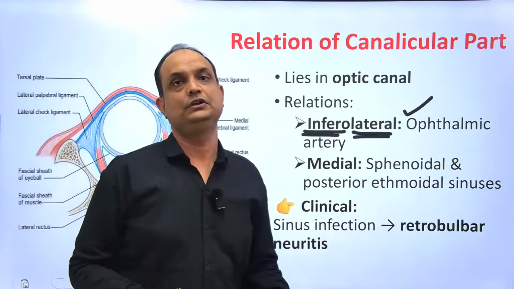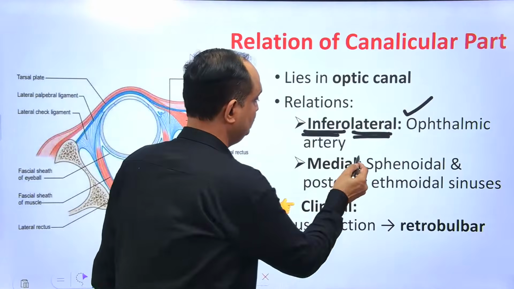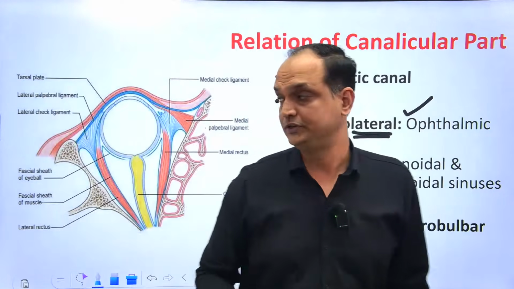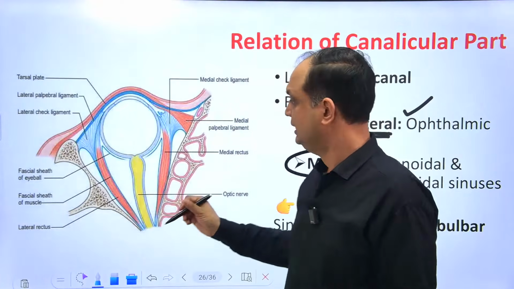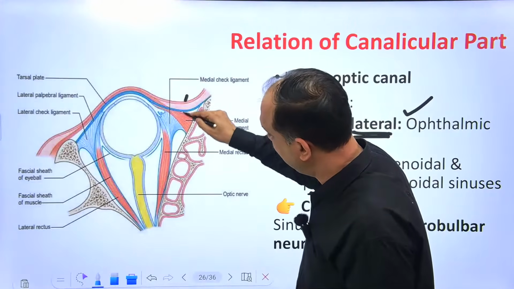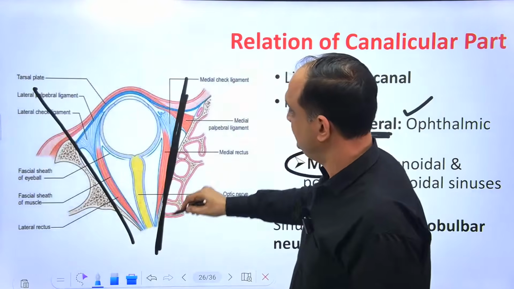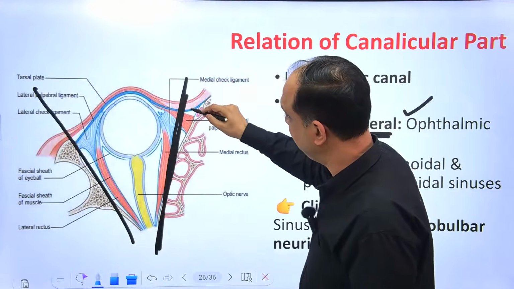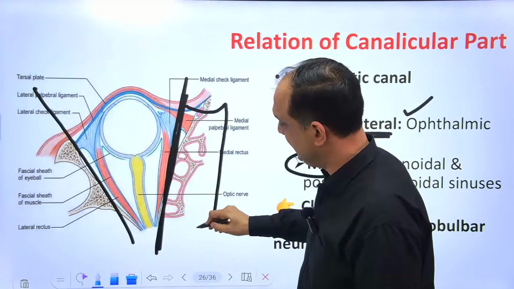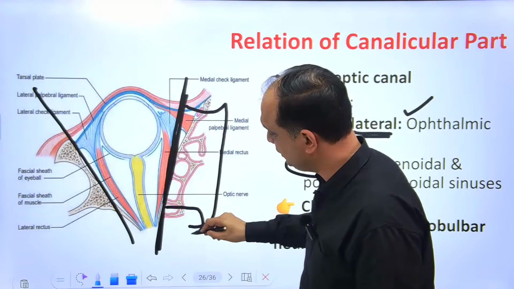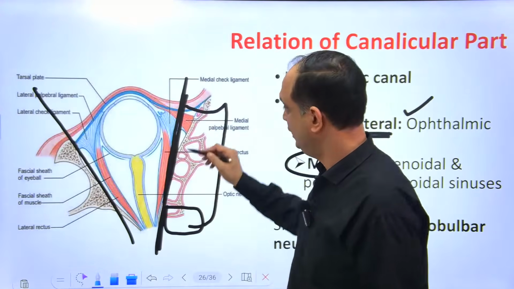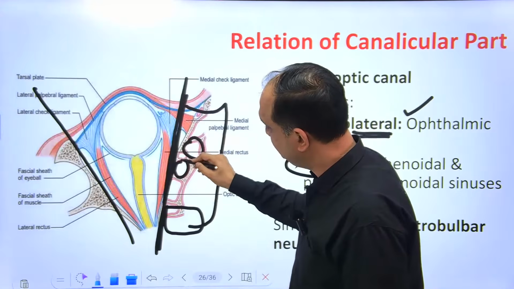Now this is the question of your exam, because when you see the medial relation, here in this image you can see that this medial wall, as I already told you, is straight and the lateral wall is oblique. Now in this medial wall, you will have the ethmoid bone in the midline, and posteriorly the ethmoid is going to articulate with the sphenoid. Now here you will have, what is that?